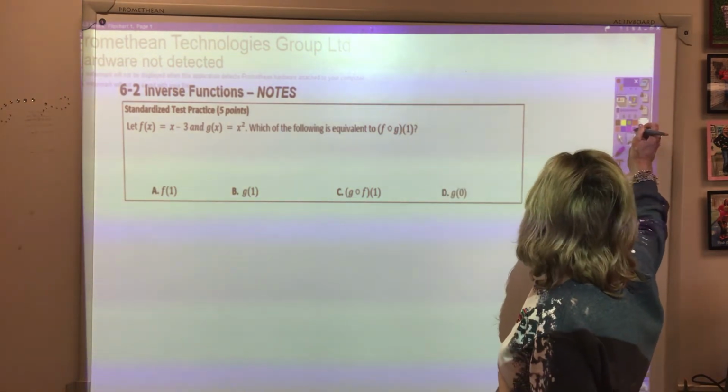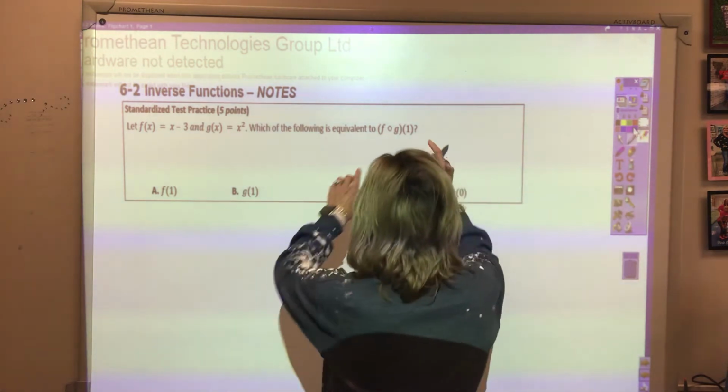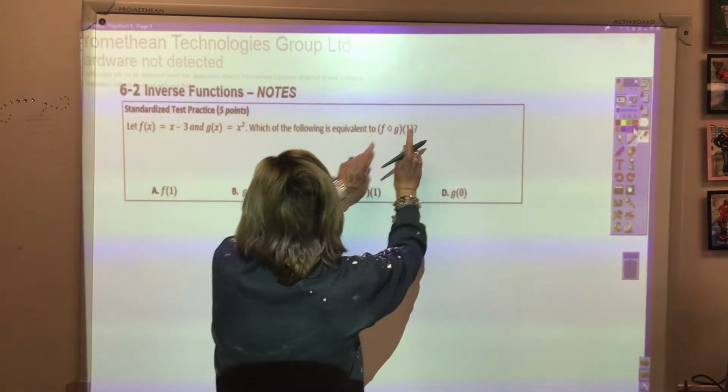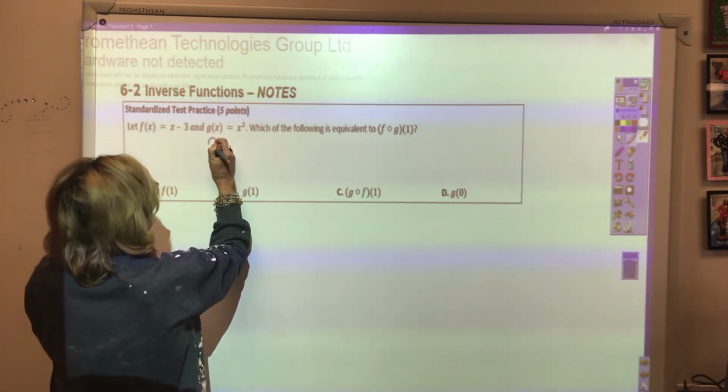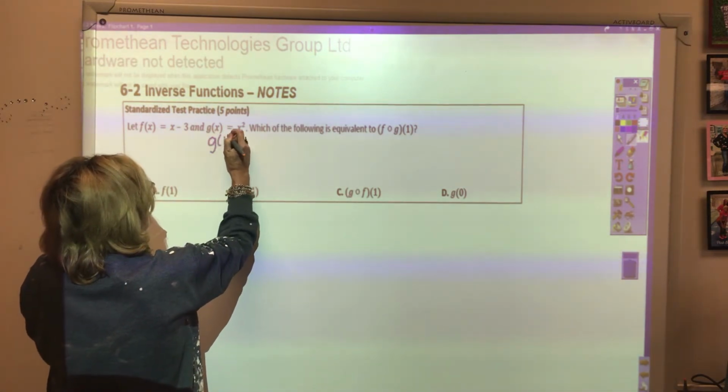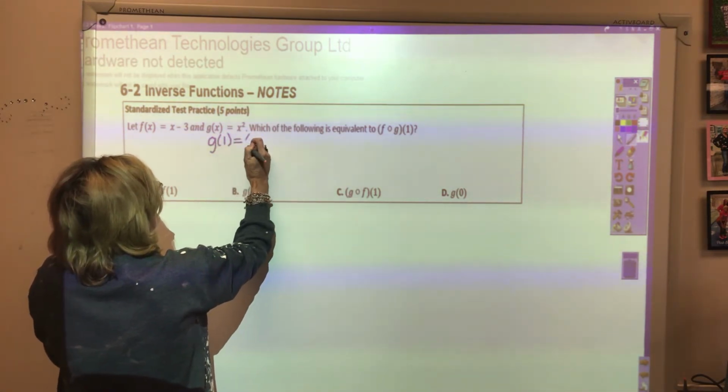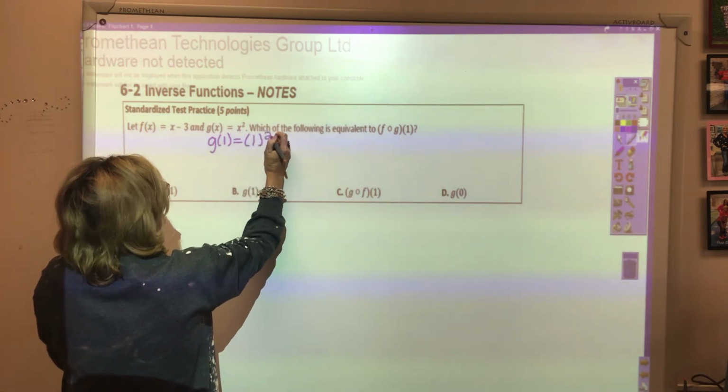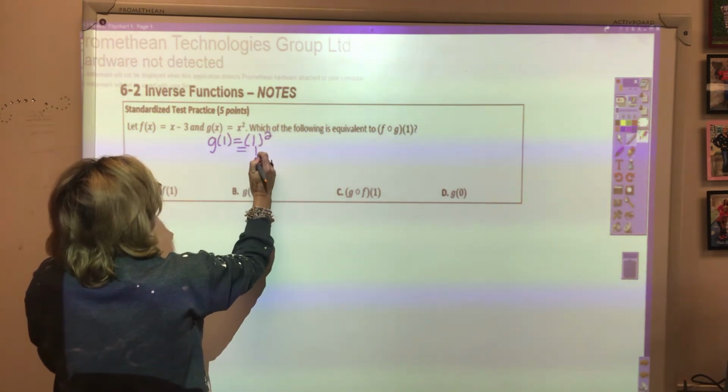So let's remember that we start with the inside and we take g of 1. So we take 1 squared, which is 1.